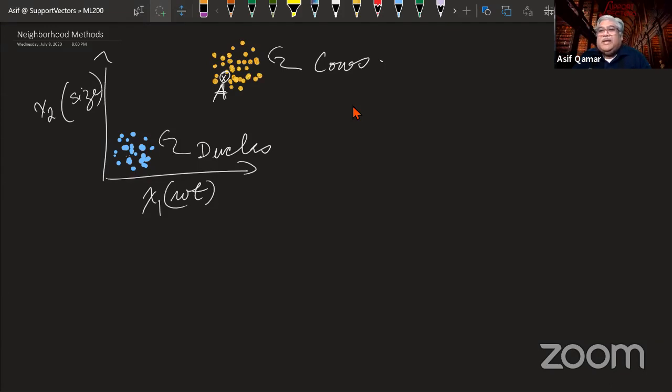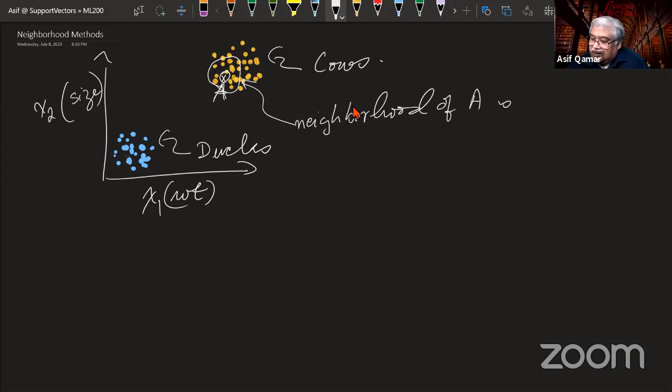And what made you say that it is a cow? If you think a little bit about it, animals whose weights are similar are neighboring. If you look at this point and look at the neighborhood of a point, the neighborhood of A is mostly cows.